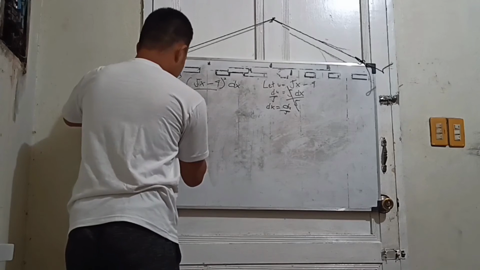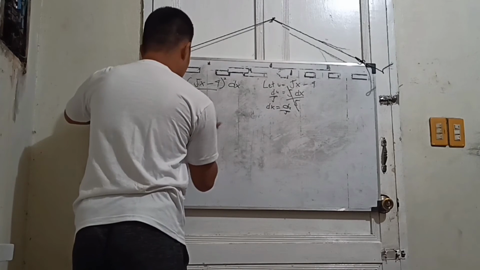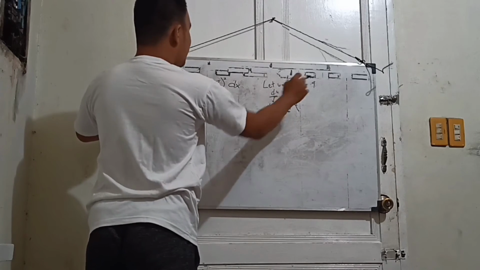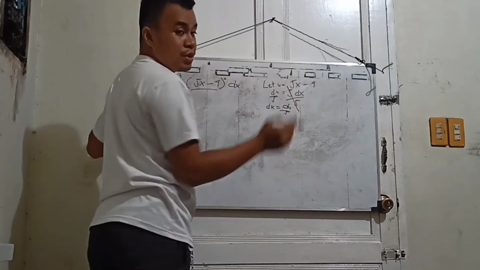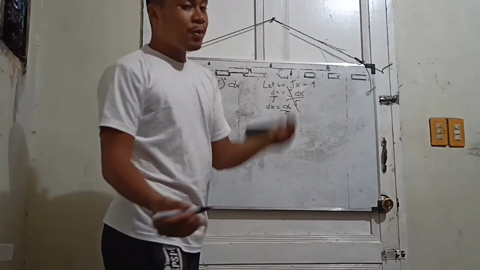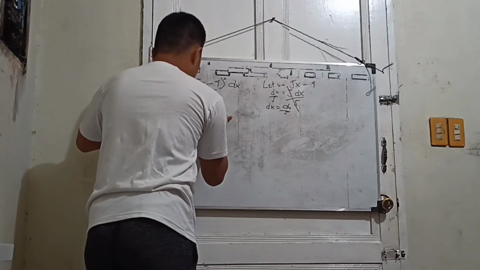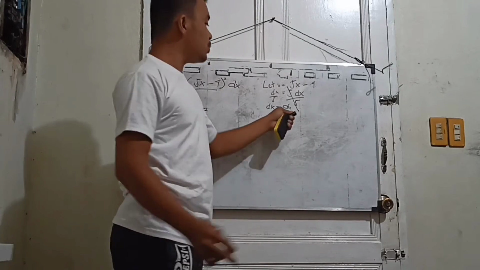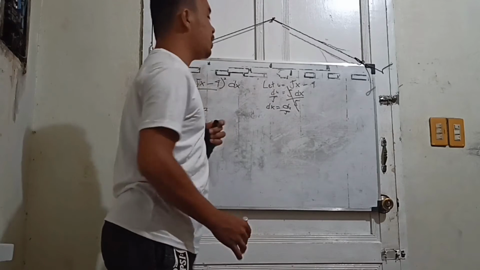So, the integral of, since we let u be the 5x minus 4, we will use u. Copy the exponent. The value of dx is equal to du over 5. Always remember that.